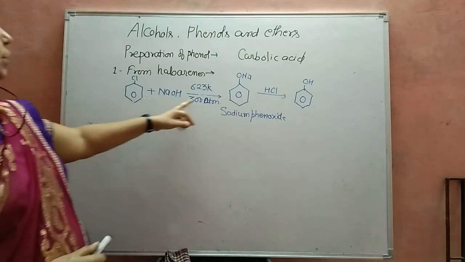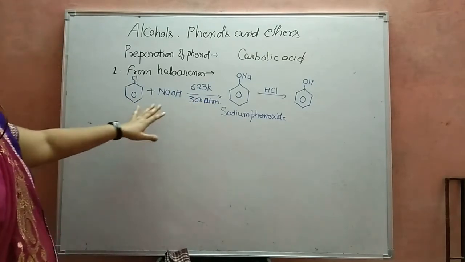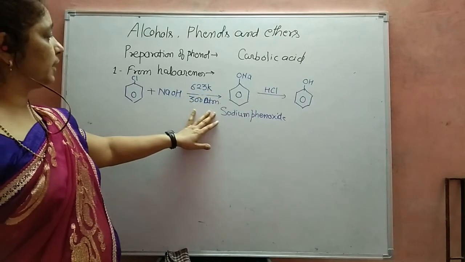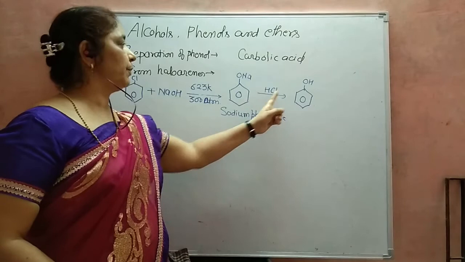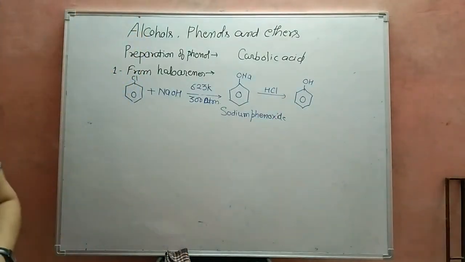So directly phenol is not formed. First we have to create certain conditions, 623 K and 300 atmospheric pressure, to form the sodium phenoxide, then it reacts with hydrochloric acid to form the phenol.